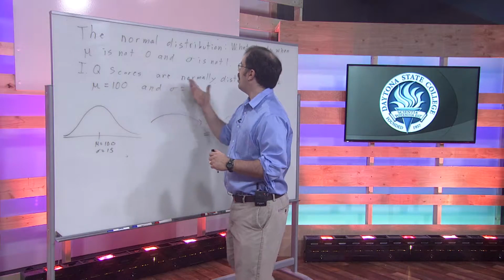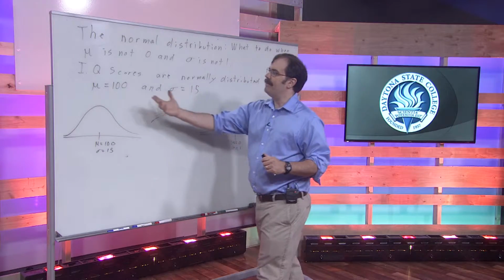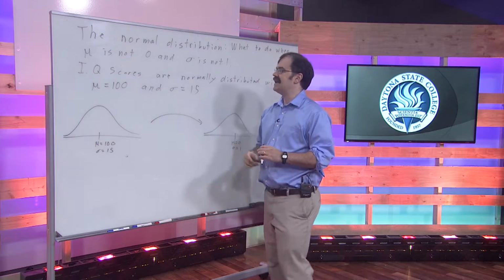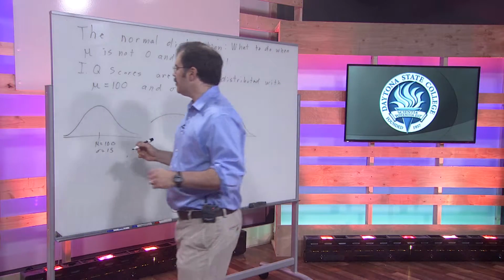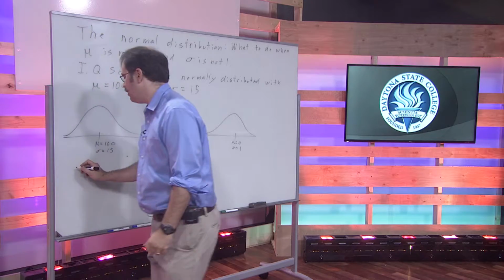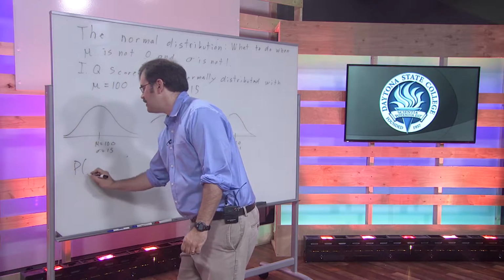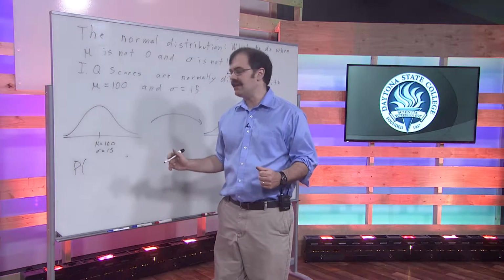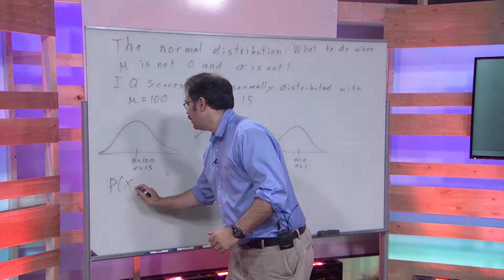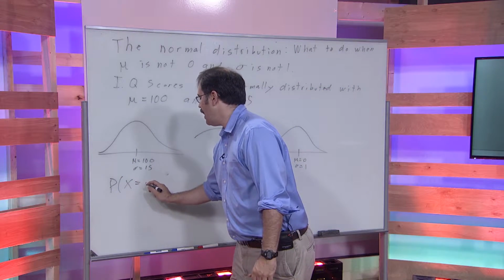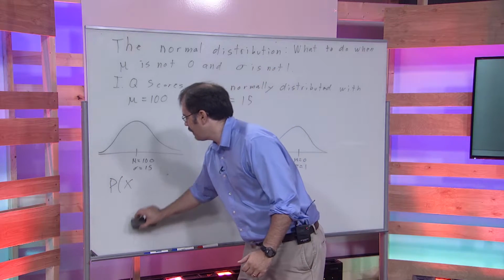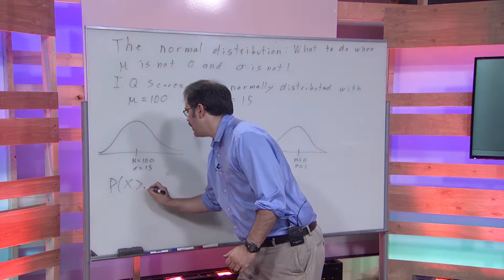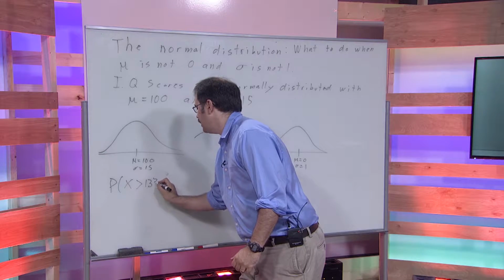IQ scores are normally distributed with a mean of 100 and a standard deviation of 15. Let's look at this question: what is the probability of randomly selecting one person who has an IQ score that is greater than, say, 133?